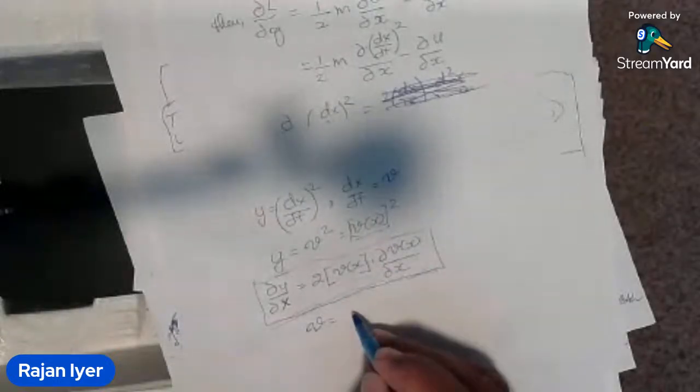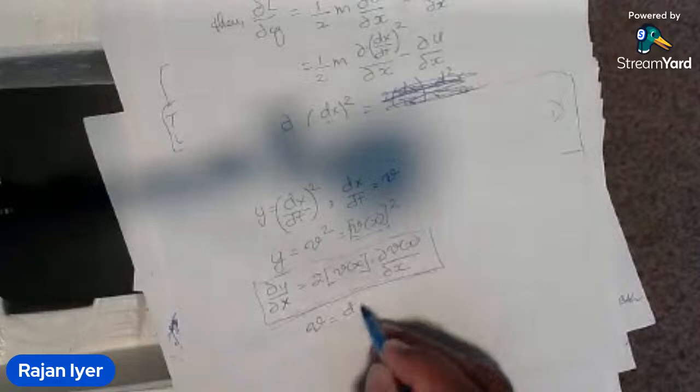Yes. So now I substitute the value of v. I know v equals dx by dt, right? v of x equal to dx by dt.